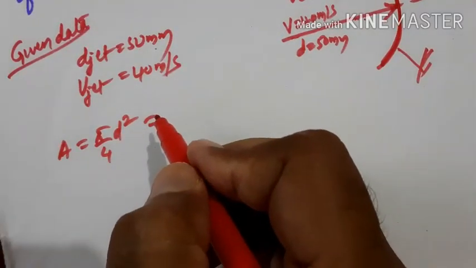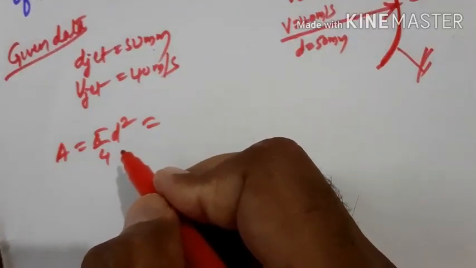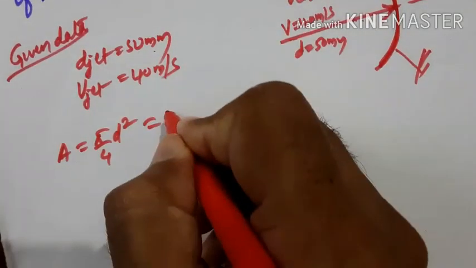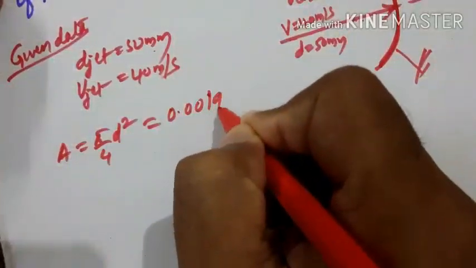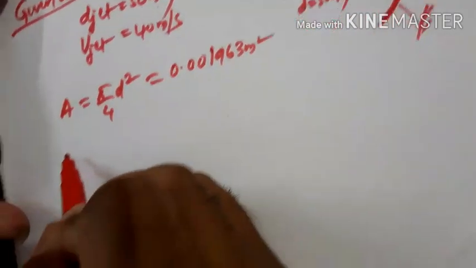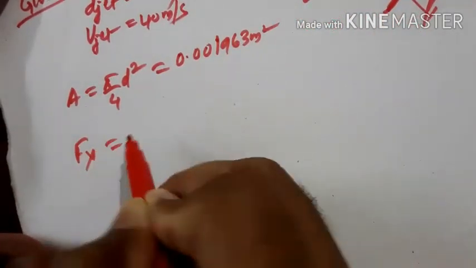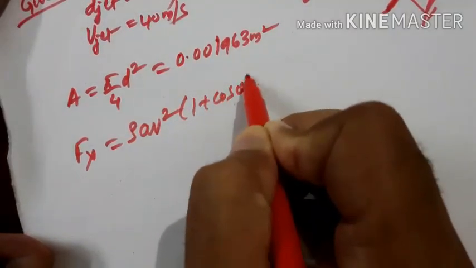If you substitute the jet diameter here, we get the area as 0.001963 meter square. Then the force in x direction, Fx, we know the formula: rho a v square into 1 plus cos theta.